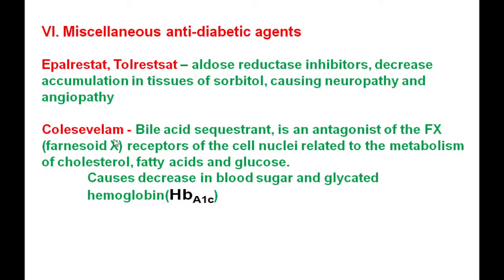And colesevelam, a bile acid sequestrant. By the mechanism of action, it is an agonist of the FXR, or farnesoid X receptors. Farnesoid X receptors of the cell nuclei are related to metabolism of cholesterol, fatty acids, and glucose.